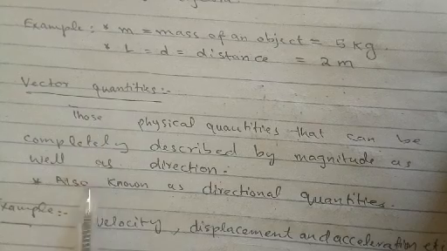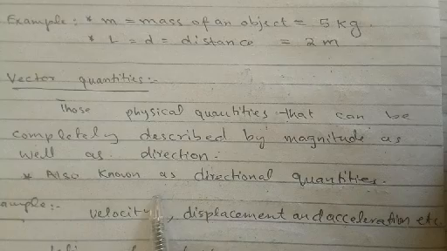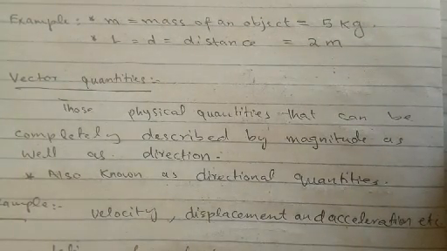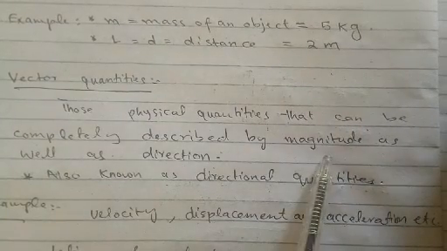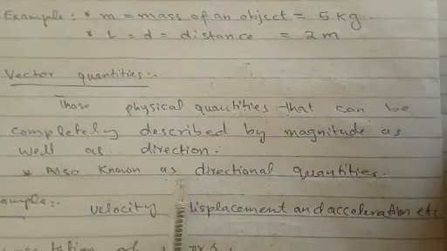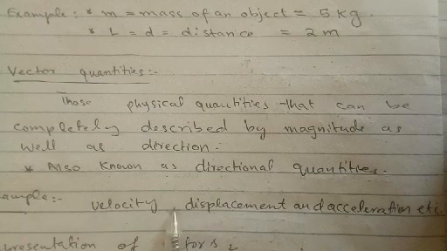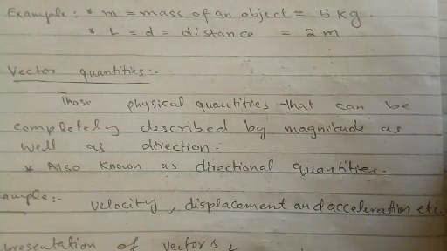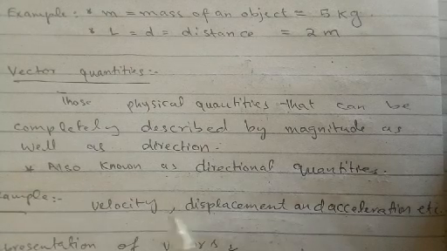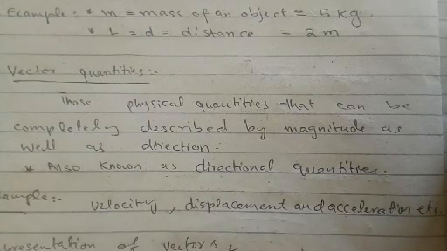These are also known as directional quantities. You have to specify direction and magnitude both so that you can completely describe a vector quantity. Examples of vector quantities are velocity, displacement, acceleration, momentum, torque, etc. These are all examples of vector quantities because they depend upon magnitude as well as direction.